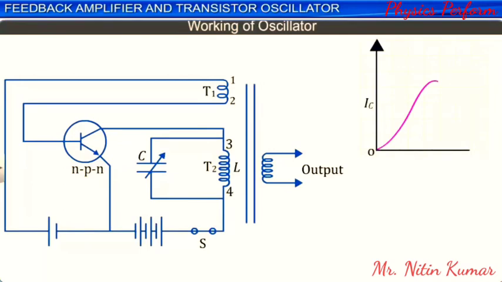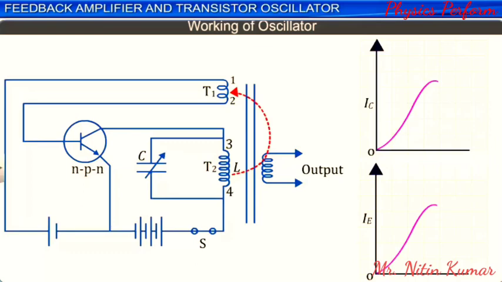As the collector current rises in coil T2, it induces a current in coil T1. Due to this inductance or positive feedback from coil T2 to coil T1, the emitter current also rises to a peak value as shown in the graph.